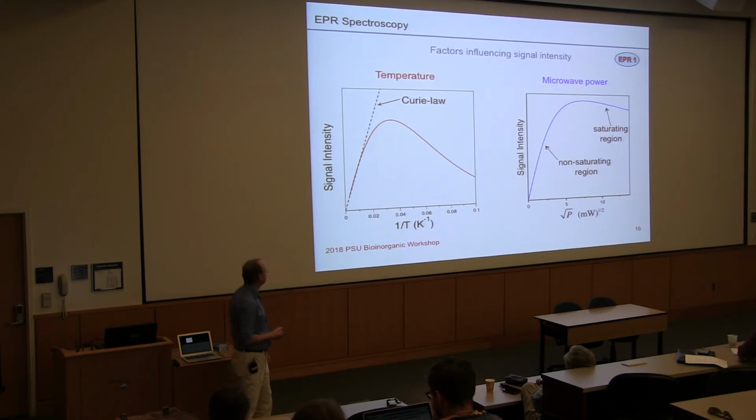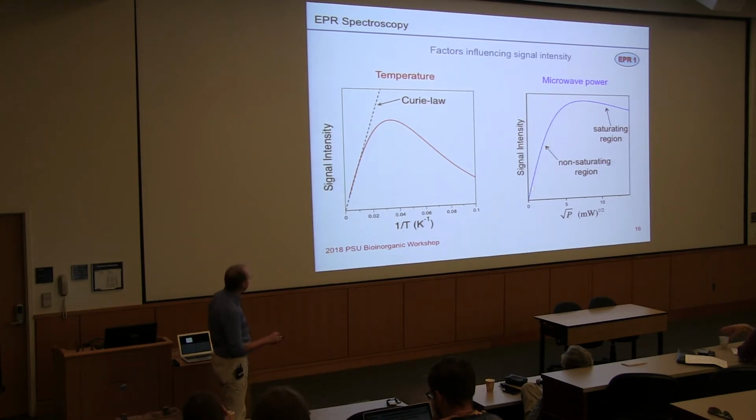So we have a greater tendency for the signal to saturate, and our intensity will drop off, right? If we're not careful. And then the other thing is the microwave power, right? If I increase the microwave power, I can see more absorption and so on. But again, if I go too far with that, I get into this region of saturation, and if I put the power really high, then eventually I can completely obliterate the signal, right?